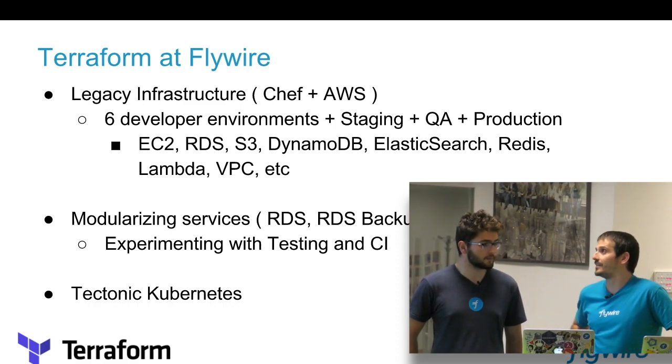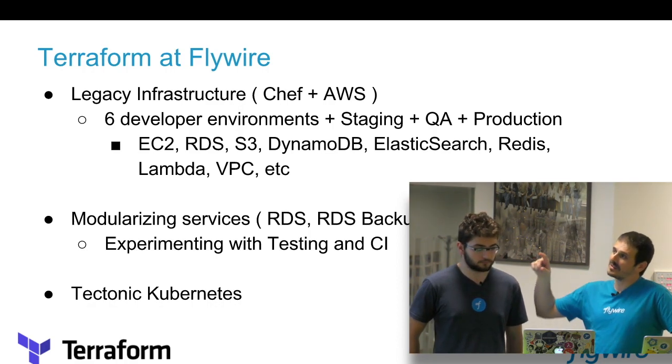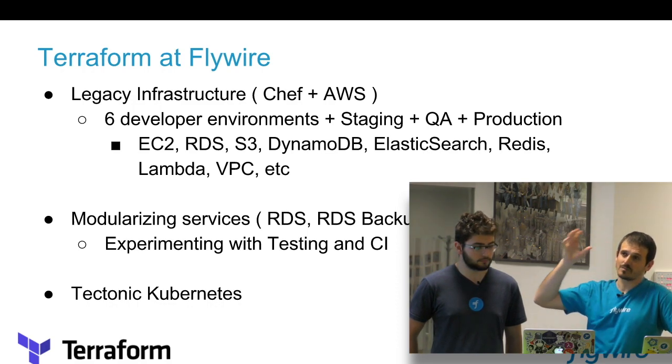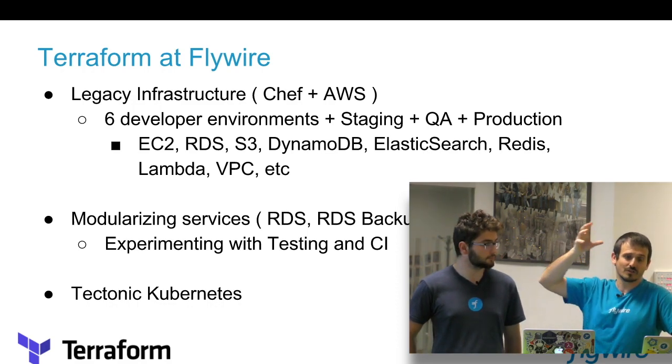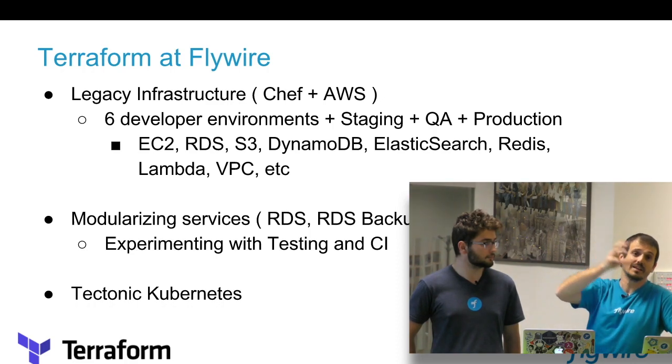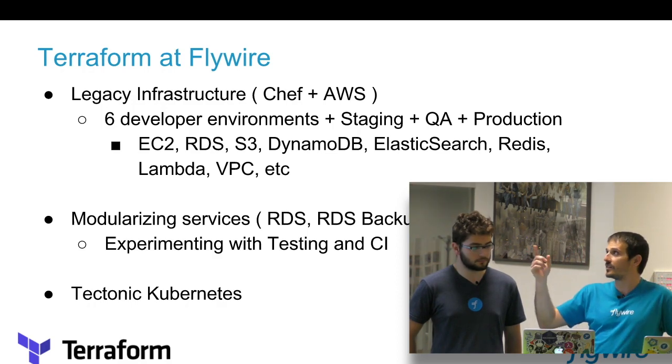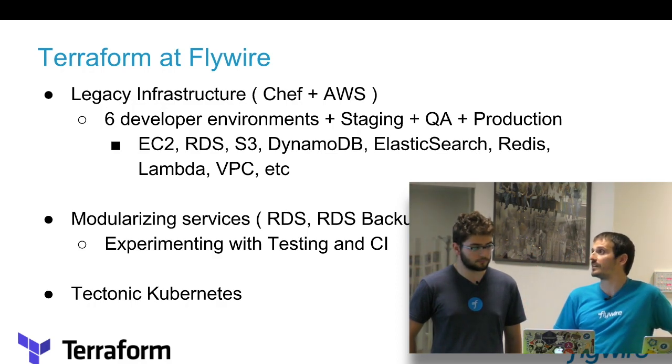It was quite difficult to set up new environments. So we have 6 developer environments. This is a clone of our production functionality, but with smaller machines. And we have a staging environment, a QA, and a production environment.